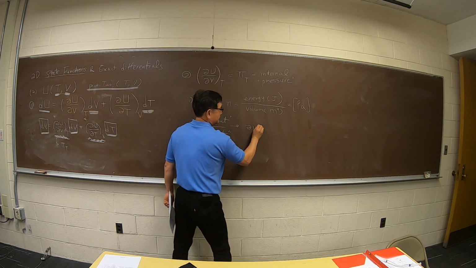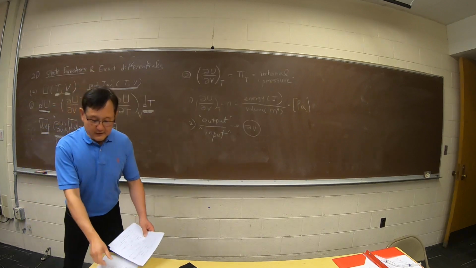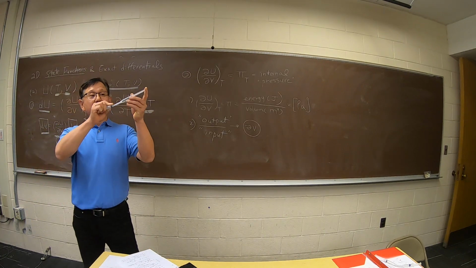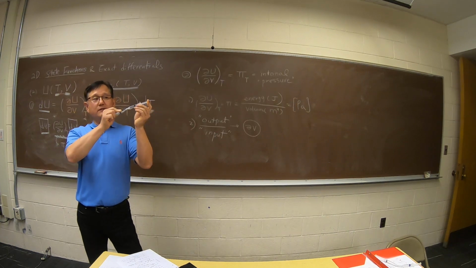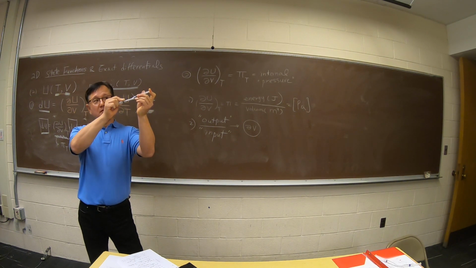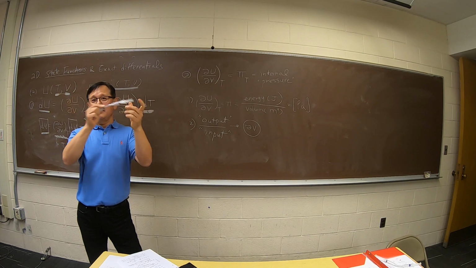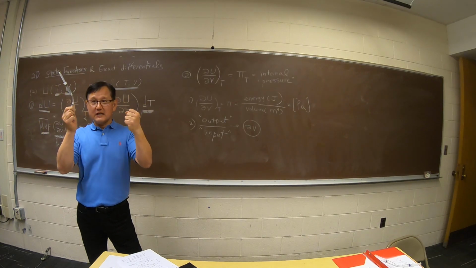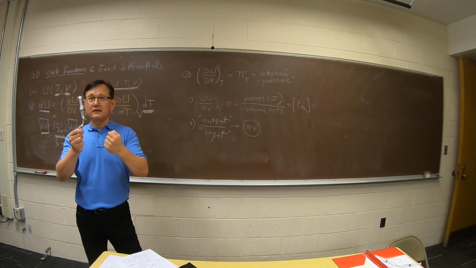You change your volume. So when I change the volume, what am I doing to the molecule? Yes, you're bringing molecules closer together. So you're controlling the intermolecular distance, right?